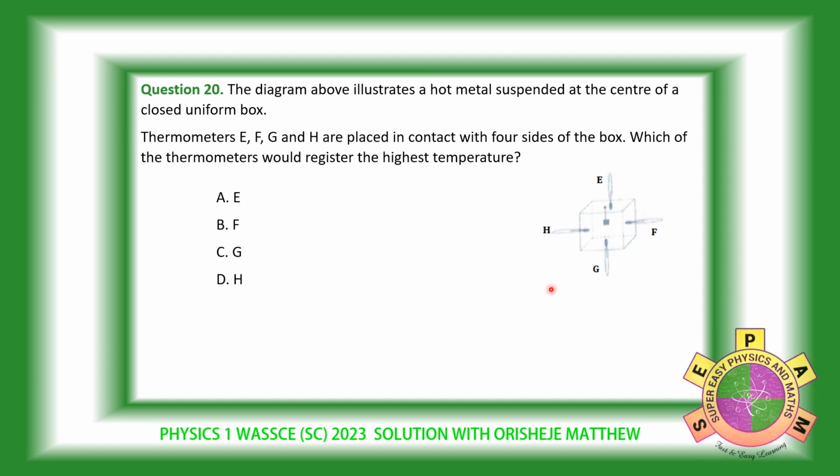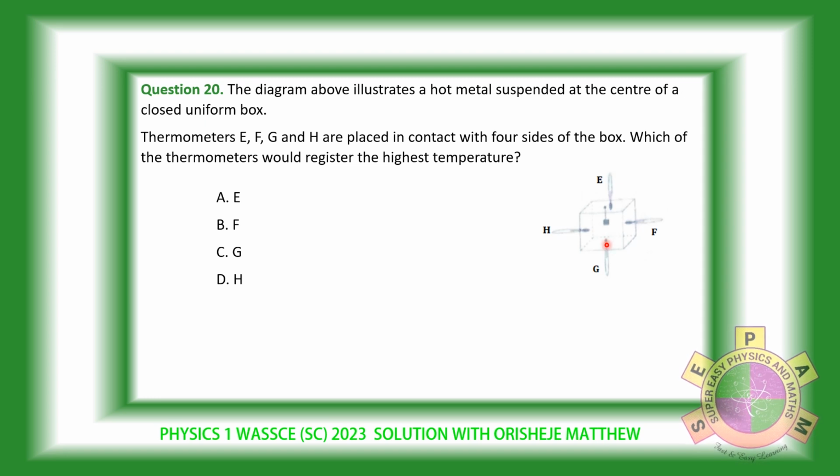What you need is the understanding of how thermal energy is transferred in air. Because they say that it's placed at the center of the box, what is inside the box is air that is enclosed.